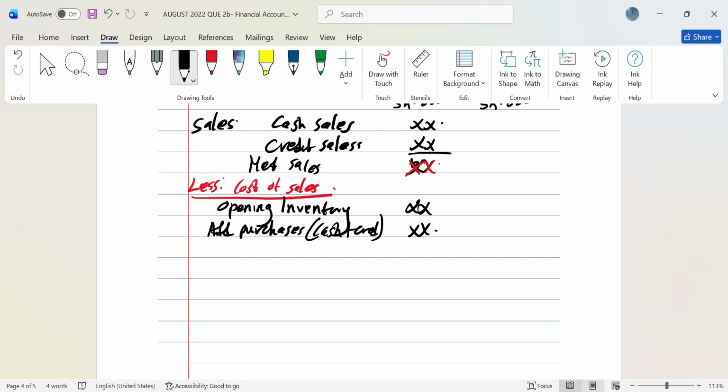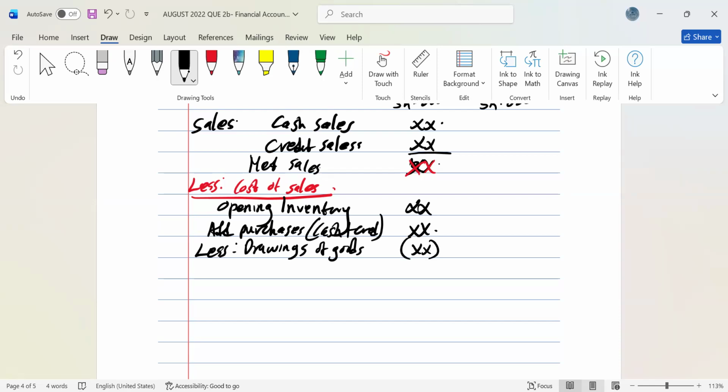The next one, we had something to do with the drawings. So we less drawings. Here you, the business owner, withdraw some of the goods for personal use. We less drawing of goods, so I put it in negative.